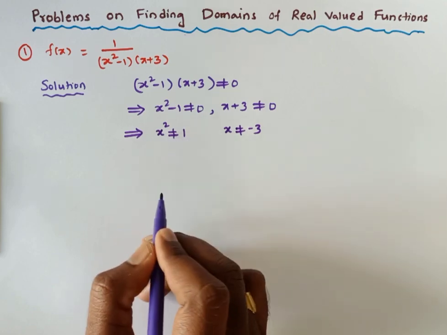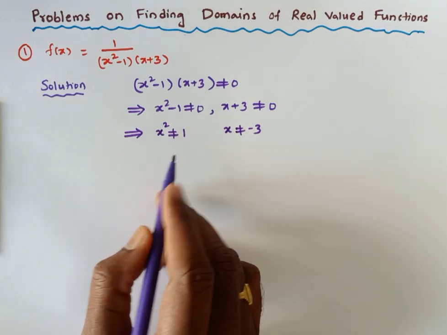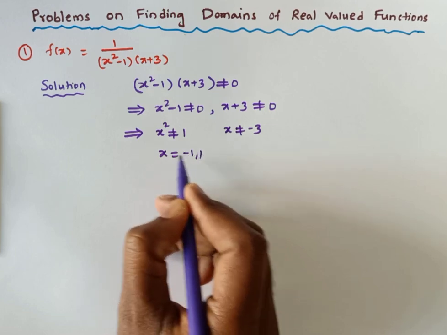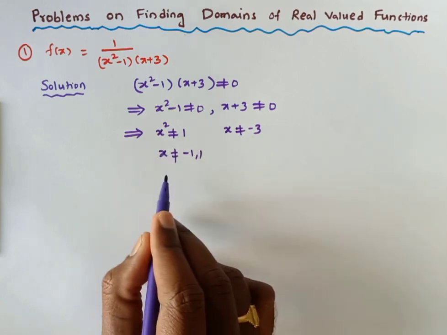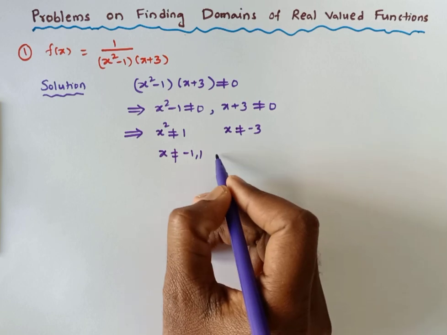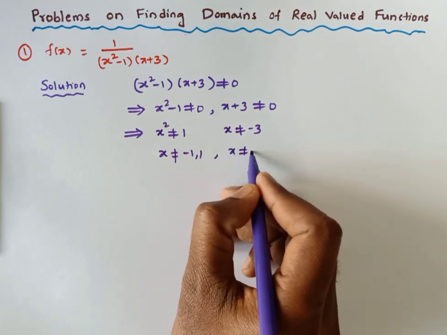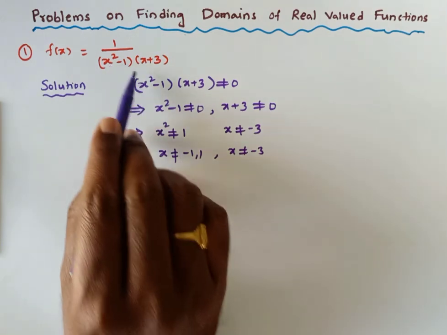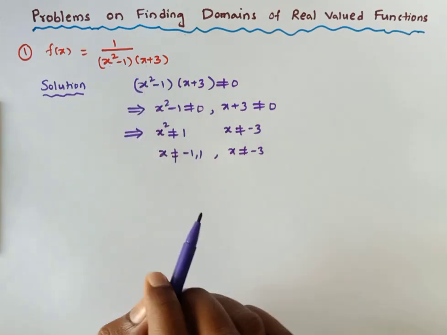Here x square is not equal to 1 means the value of x is either minus 1 or plus 1. So x value అనేది minus 1 కావద్దు, plus 1 కావద్దు, and x is not equal to minus 3. అంటే x ఈక్వల్ టు మైనస్ 1 అయినా 0 అవుతుంది, x ఈక్వల్స్ టు 1 అయినప్పుడు 0 అవుతుంది, x ఈక్వల్స్ టు minus 3 అయినప్పుడు 0 అవుతుంది.